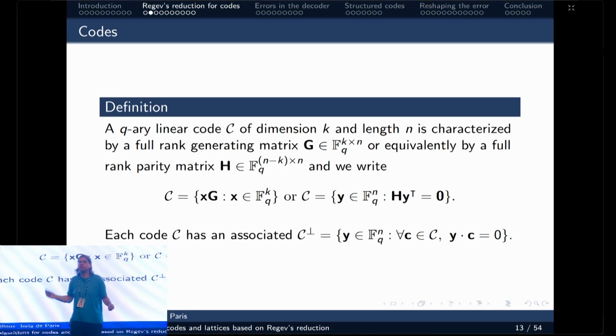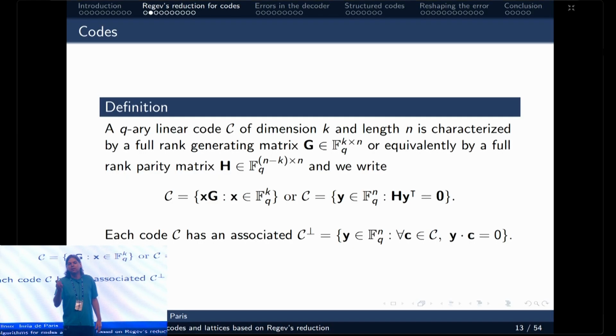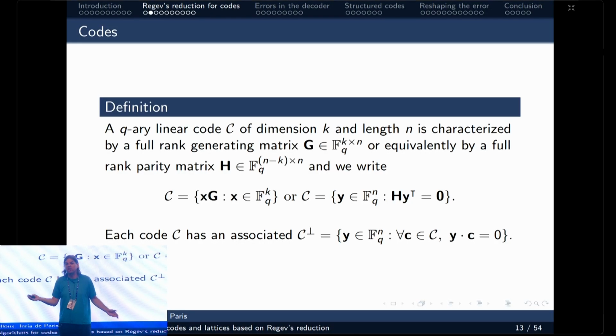If you're more familiar with binary codes, you can think of binary codes, it's all fine. If you're more familiar with Euclidean lattices, what I will say also holds for Euclidean lattices. Here the vectors are line vectors, so if you take all the linear combinations of the lines of G, this generates a linear code.